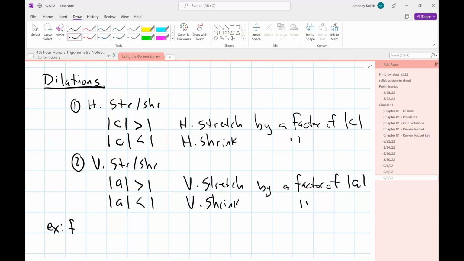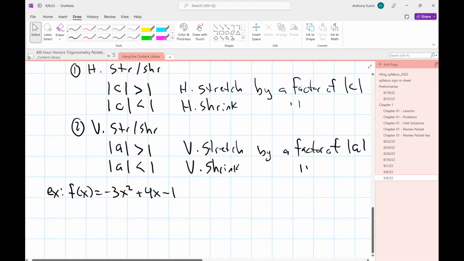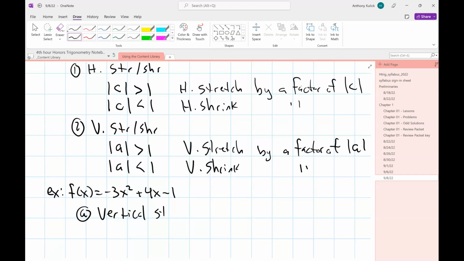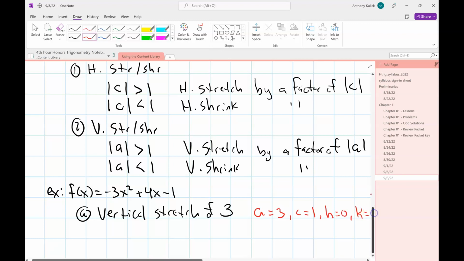So let's look at an example here. Let's take that same f of x that we were using before and say we had a vertical stretch of 3. Since it's a vertical stretch of 3, that tells me the A was 3, and everything else should just be its null values.